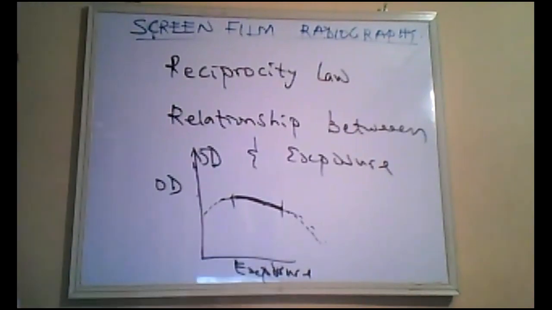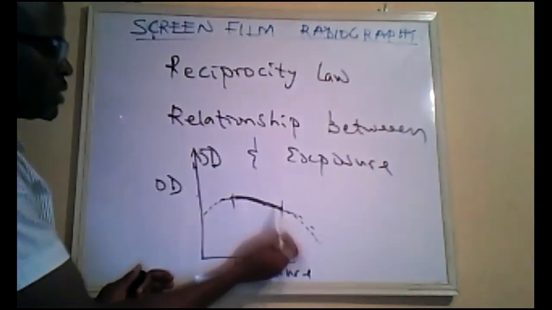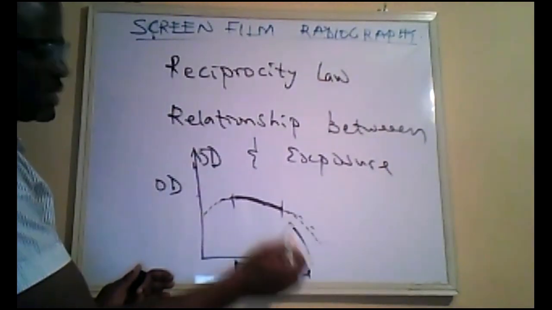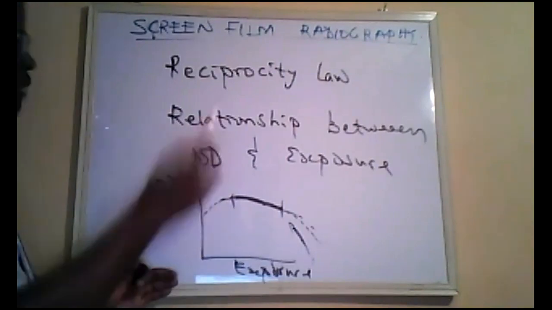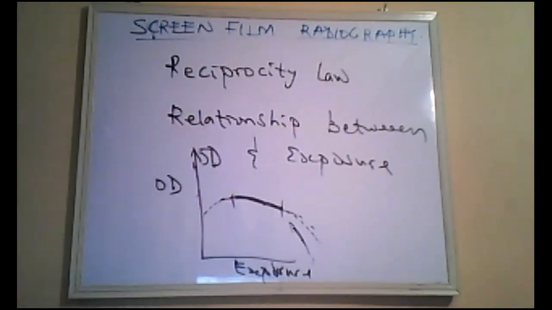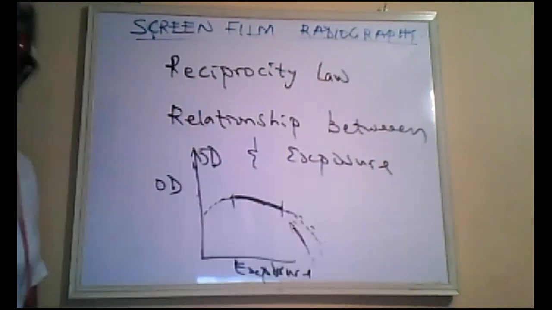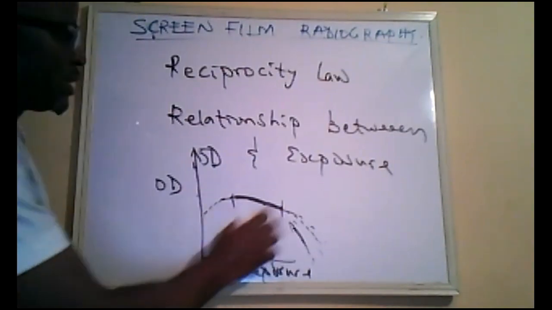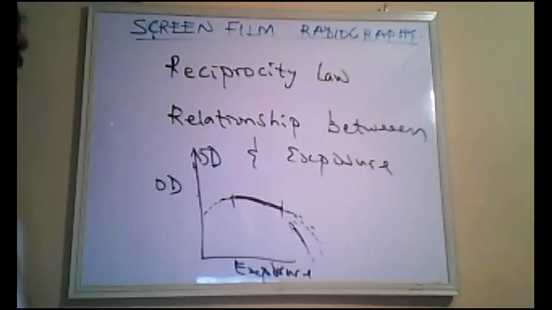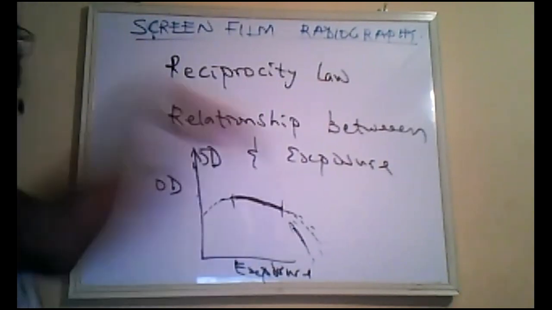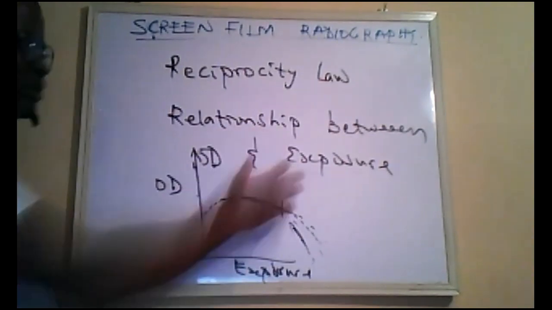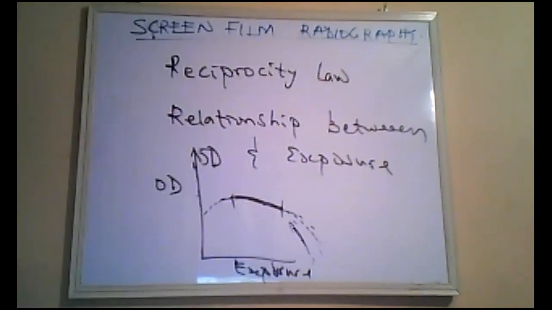And when that happens, the OD is going to reduce, because you have preset a particular OD you want to achieve. So you're going to have a reduced OD. This is usually a problem in mammography. So this graph leads us to that problem, and then we have to look at a way around it. This is usually a problem when we encounter dense breast.